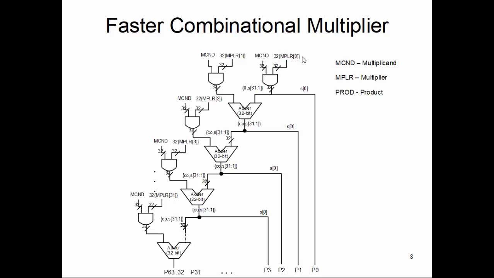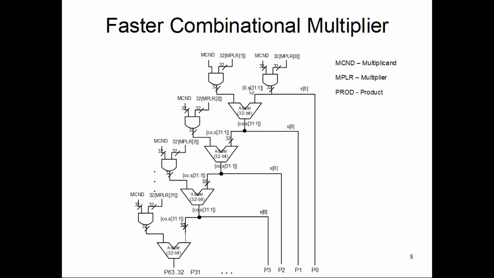So what we'll do, let's say, start with the LSB, replicate it 32 times, and AND it with the multiplicand, and that becomes your product of that step. Then your product of the next step. From that first stage product, let's call it S, at that partial product computation step, we pick up the LSB of S as my final result, that is my product bit 0.